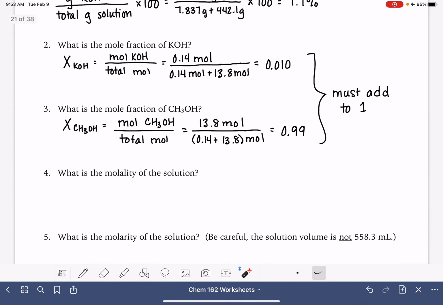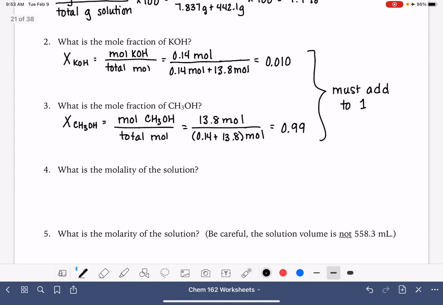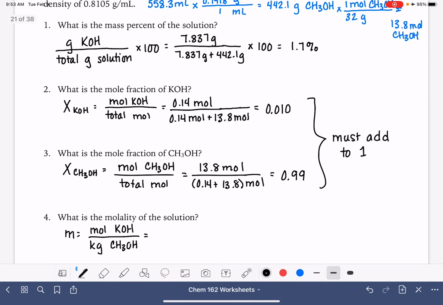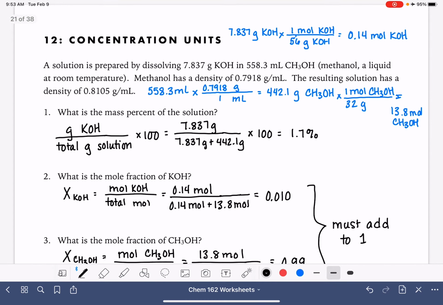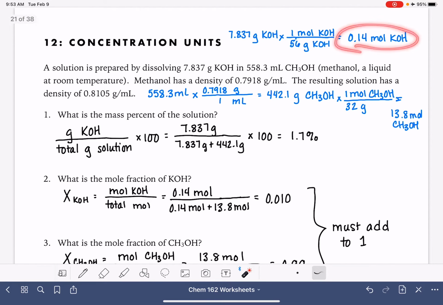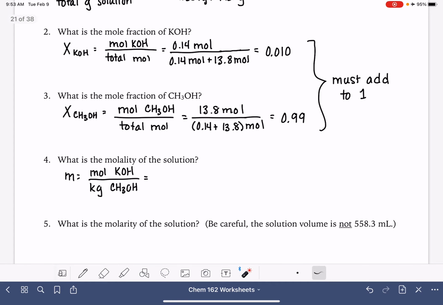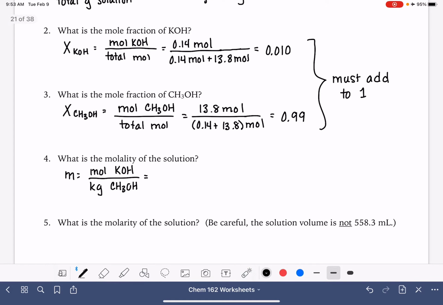What is the molality of the solution? The molality of the solution is going to be the moles of the solute, KOH, divided by the mass of the solvent in units of kilograms. And the solvent is the CH3OH. Our moles of KOH, let's scroll back up and get that number. The moles of KOH is the 0.14, so we can plug that in. 0.14 moles.